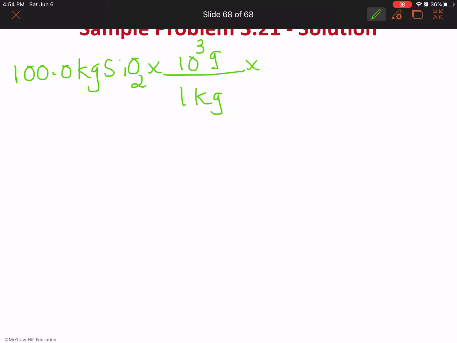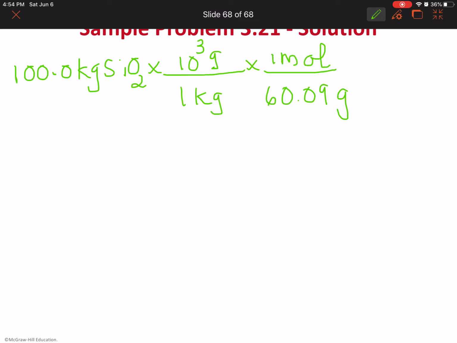And then we always need to convert it to moles, because we cannot do anything with grams. You always have to go to moles using the molar mass of SiO2. So the molar mass of SiO2 is 60.09 grams per 1 mole SiO2.